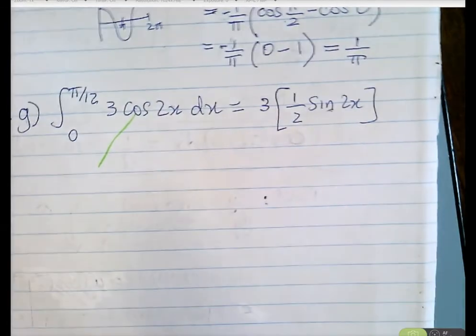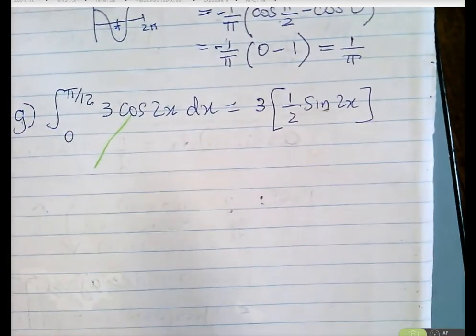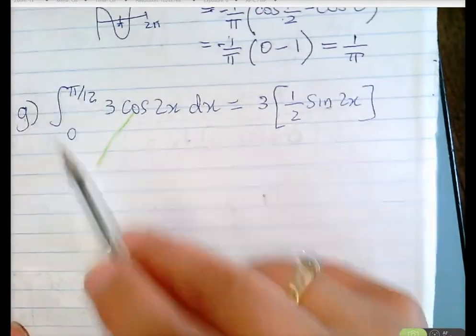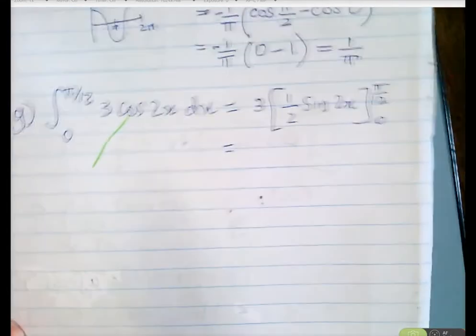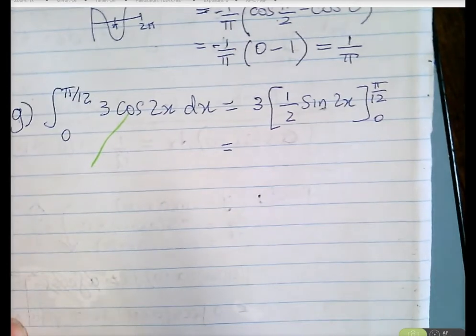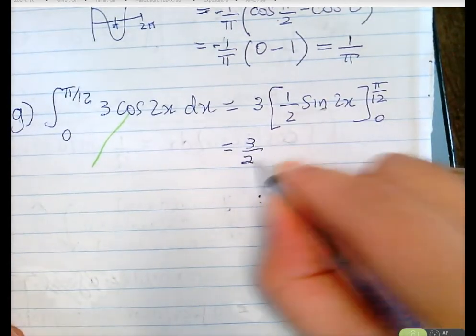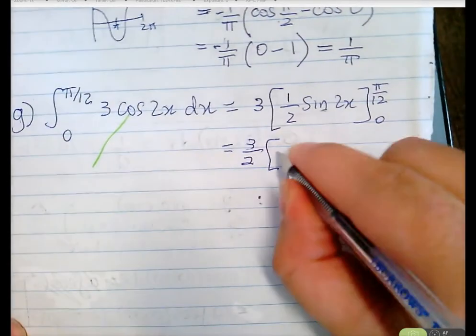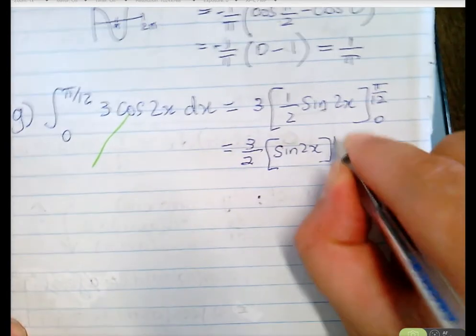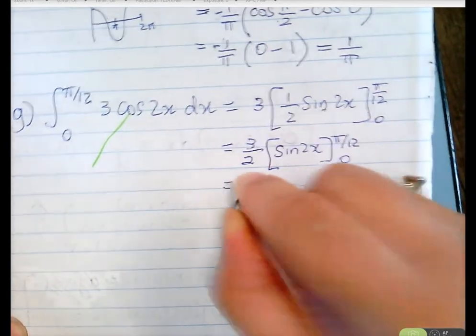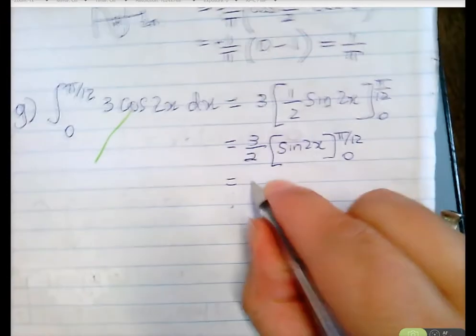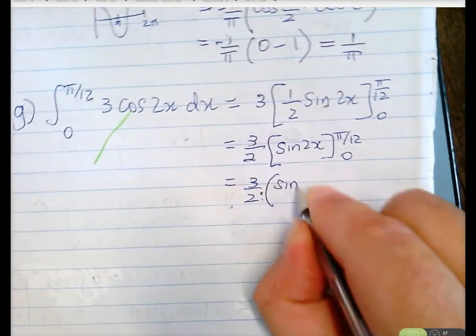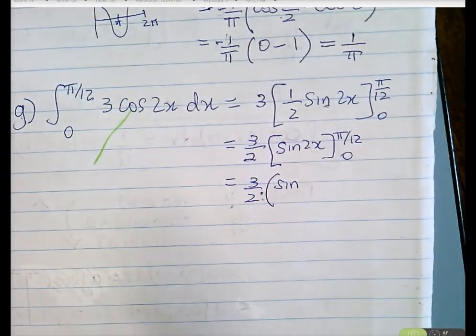Notice I've taken the 3 out in the front already, because it's really 3 times that integral between pi on 12 and 0. Why not take the half out as well? Why deal with this half? So put it as 3 on 2 out the front. Sine of 2x, substitute pi on 12 and 0. You're really making your life a lot easier. Why substitute a half twice? So we've got 3 on 2, sine of what? 2 times pi on 12 is what?